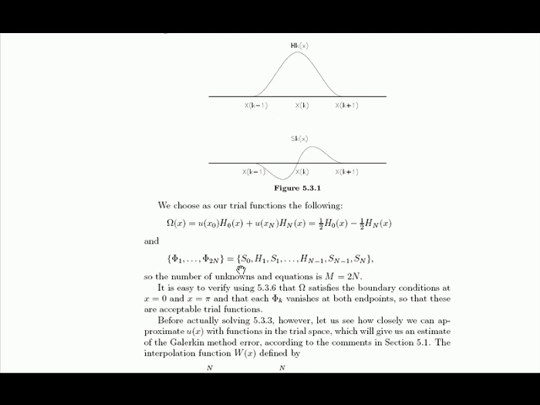Those are the only ones that don't satisfy phi equals 0 on the boundary, and so each of these does satisfy phi equals 0 on the boundary. So our approximate solution is guaranteed to satisfy the essential boundary condition because omega satisfies the essential boundary condition and each of the phis is 0 on the boundary. So we have the boundary condition satisfied no matter what we choose for our a's.